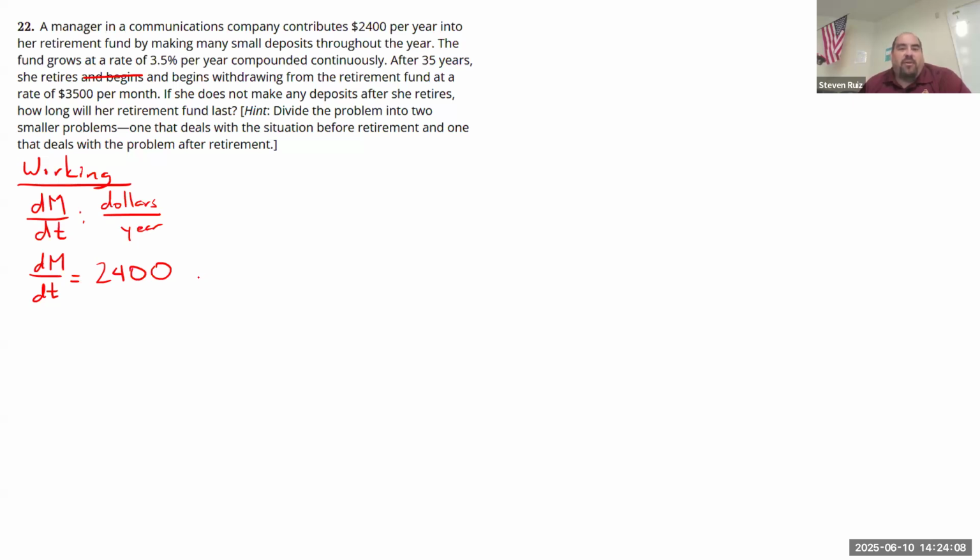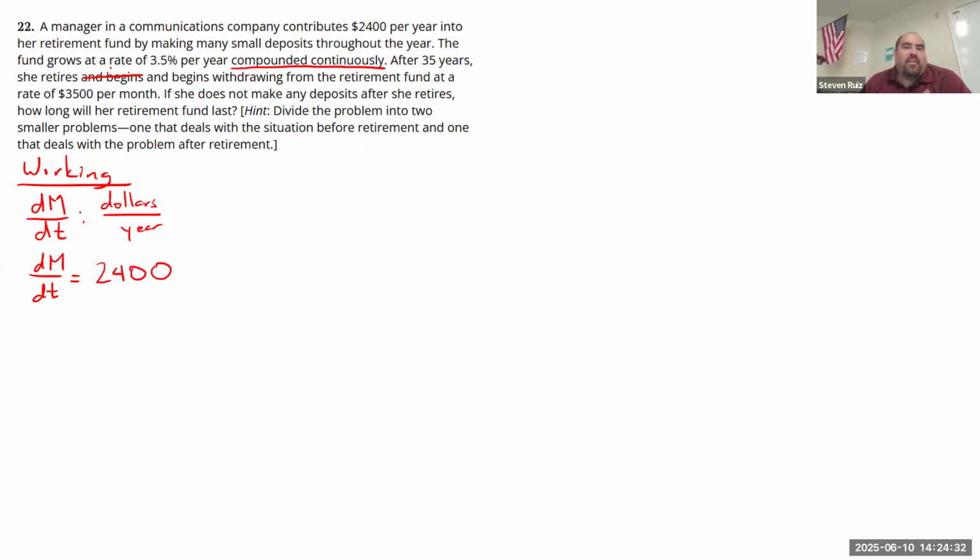The other way this account grows is that the fund grows at a rate of 3.5% per year compounded continuously. So compounded continuously, we can use that language interchangeably with, it grows at a rate proportional to its size.